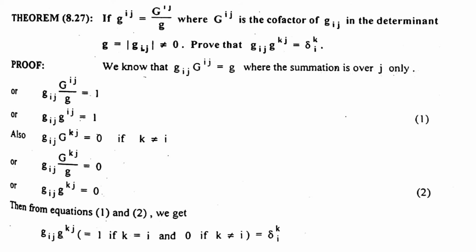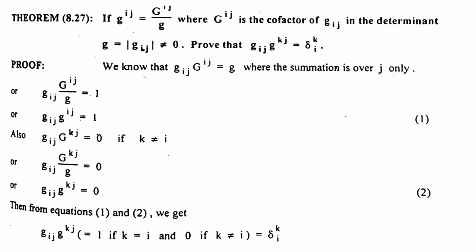There is a theorem about this question. If g^ij is equal to capital Gij over g, where capital Gij is the cofactor of small gij in the determinant g = |gij| not equal to 0, prove that g^ij gkj is equal to delta ki.